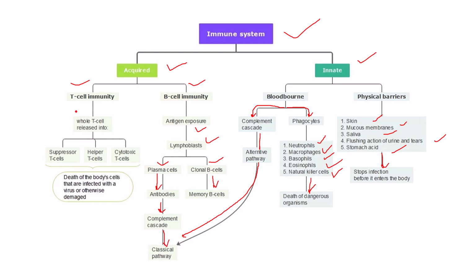Fine. And in T cell immunity, the whole T cell is released into three types of cells: suppressor T cell, helper T cell and cytotoxic T cells. So there are three types of T cells. All three types of T cells initiate reactions which lead to the death of body cells that are infected with a virus or otherwise damaged.